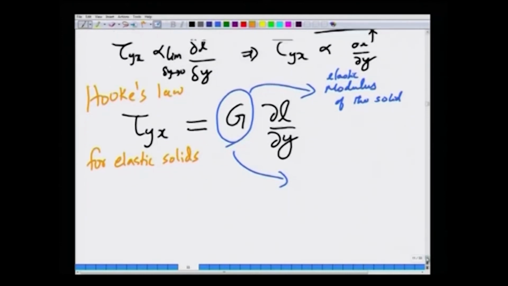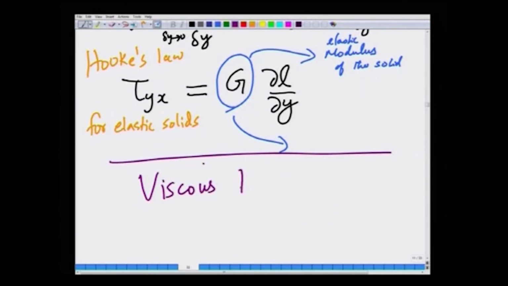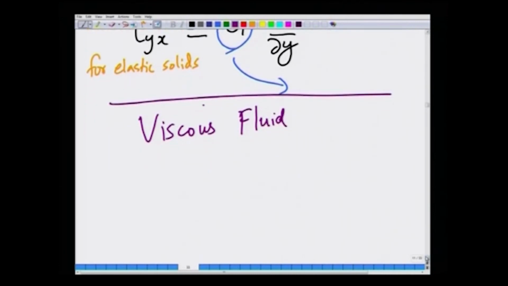Now, we will do the same thing for a fluid, for a viscous fluid. I am going to do the same thought experiment. Take two slabs and the distance between them is h.